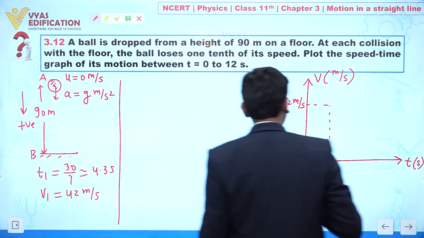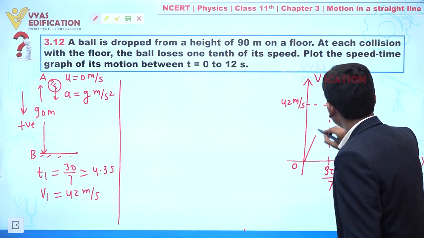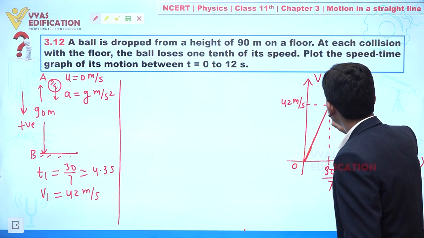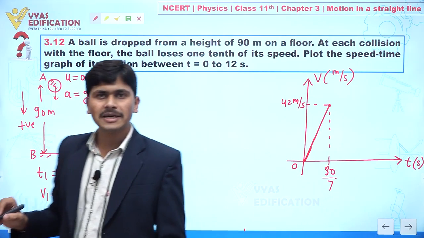So from O to this point, this is the graph between t equal to 0 and t equal to 30 by 7 second.